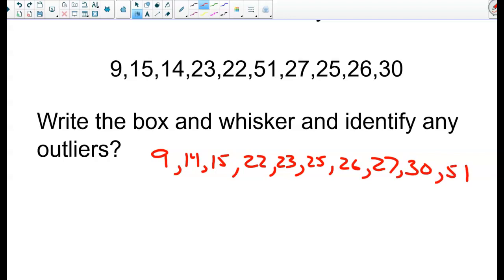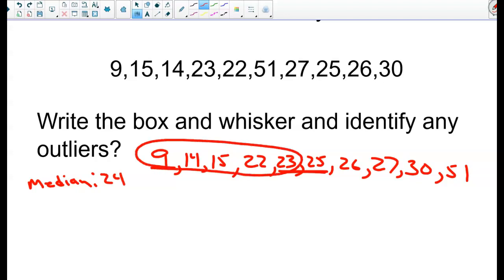Now I have 10 numbers, so my median, 1, 2, 3, 4, 5, is between those two numbers, 23 and 25. My median is 24. I take the median of the first 5 numbers and the last 5 numbers. You take the median of the numbers less than the median of the whole list. You take the median of the numbers that are greater than the median of the whole list.